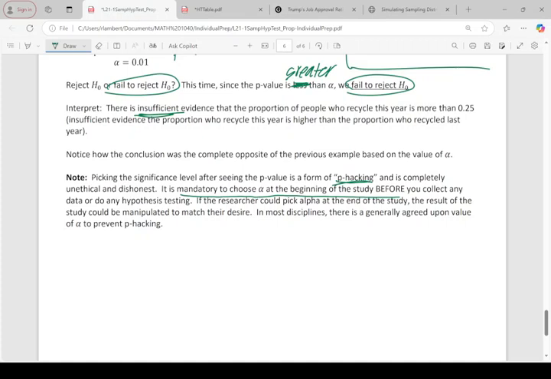So if you're in medicine or psychology or sociology, usually there's an agreed upon alpha that everyone's supposed to use. Anyway, that's the end.